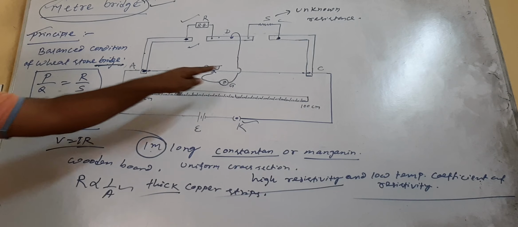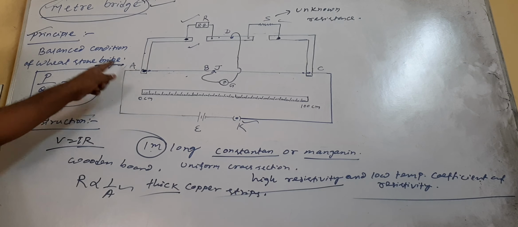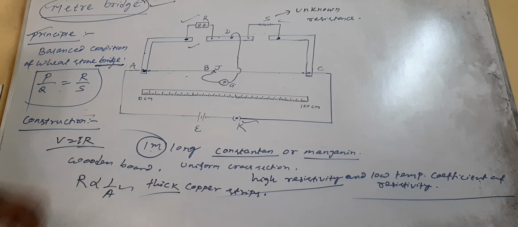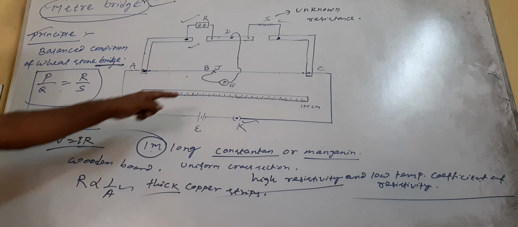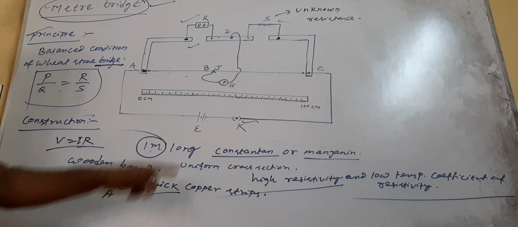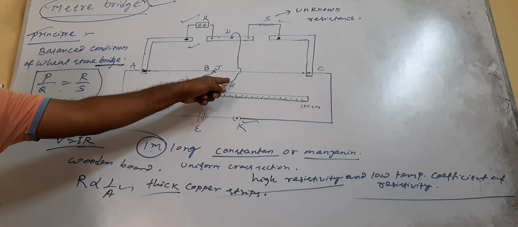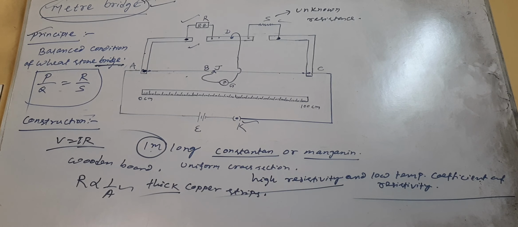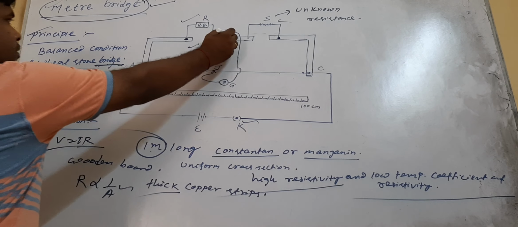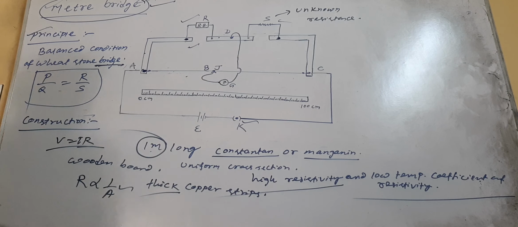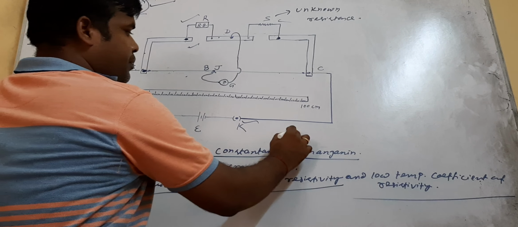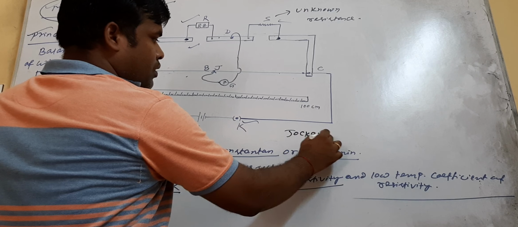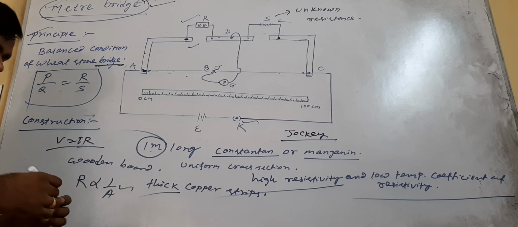And between A and C, you see there is a battery with a key. And here is a galvanometer. One terminal of the galvanometer is connected to the copper strip at the point D, and the other end is connected to the jockey. What is jockey?